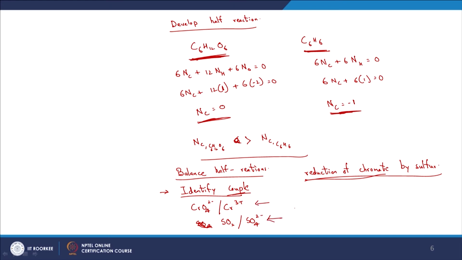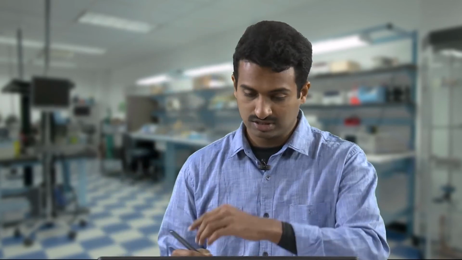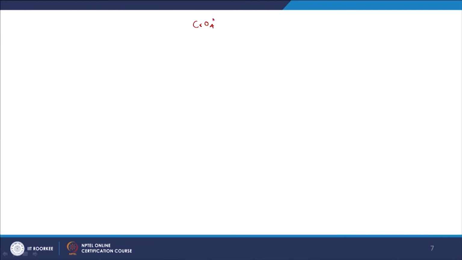Because we know it's reduction of chromate by sulfur, with some background you can know that CrO4 2- will be reduced to Cr3+, and SO2 will cause this reduction while being oxidized itself to SO4 2-. So let's list these: CrO4 2- and Cr3+, and SO2 to SO4 2-.